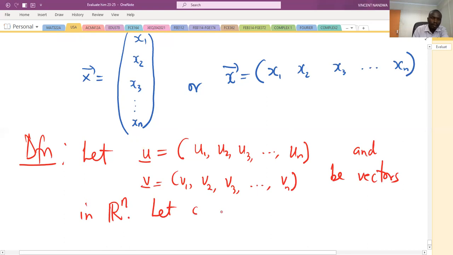Let C be any scalar, that's a real number.